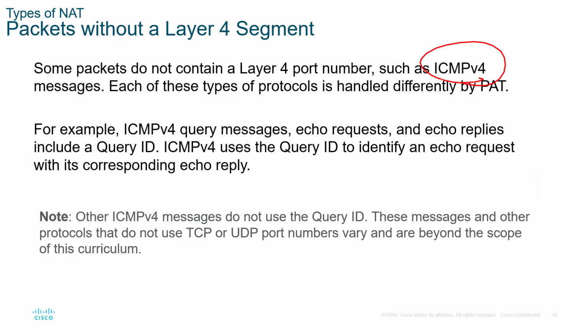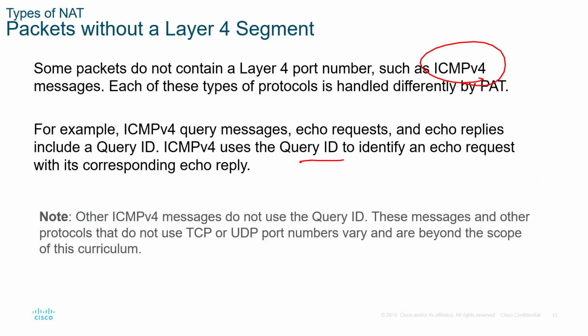They do not have layer 4 information. So how then do you define the source port when we're dealing with port address translation? Here we use what we call the query ID. These packets have a field which we call the query ID, which will be used in place of the port number. That's basically what that is about.